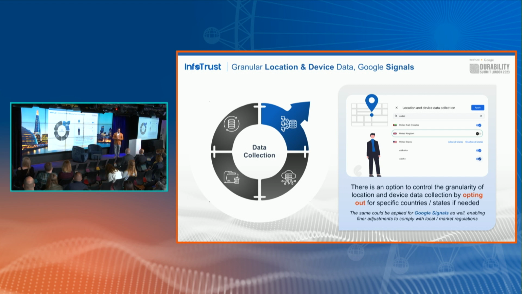So what we're going to talk about is the way you can be very granular or very selective about people in which regions you want to have this data collected for. So it gives you geographical granularity. This is actually a screenshot from the interface where you could pick and choose across which countries you want to collect the cross-device, cross-location insights. And the same applies for Google Signals as well.